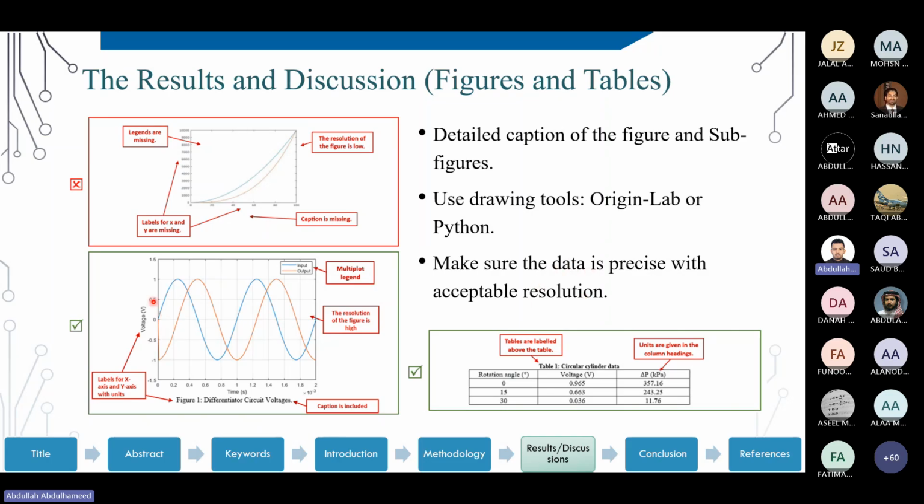You need to see how many decimal points to include, and make the figures clear. Figures and tables are the first important element of the results and discussion. If you do not have tables and figures, then you do not have results.